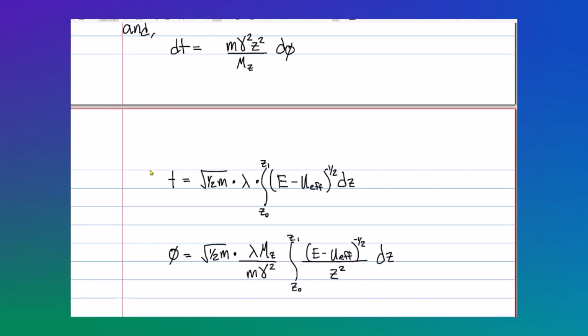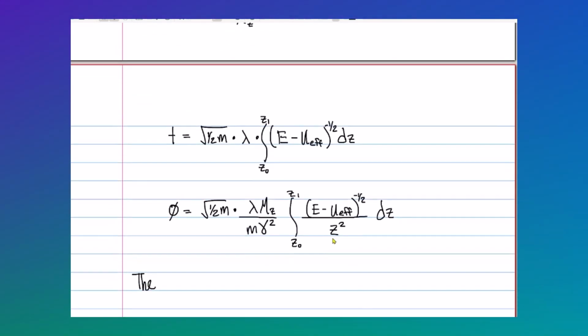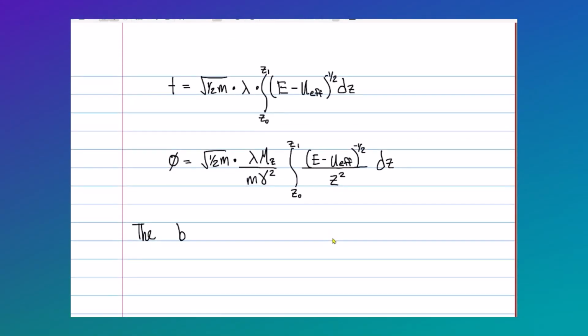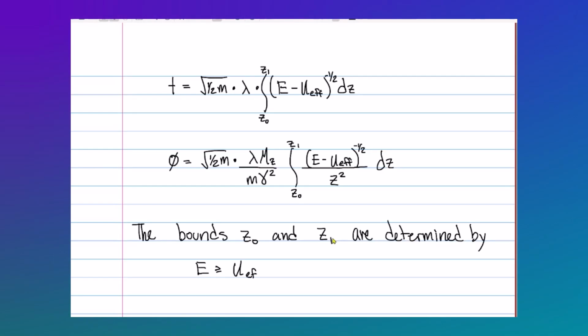Very similar to the last problem, we've chosen z as the variable to integrate over because it has clear boundaries. There's a lowest point and a highest point that the particle will be able to reach given a specific energy. And that determines the bounds z0 and z1.